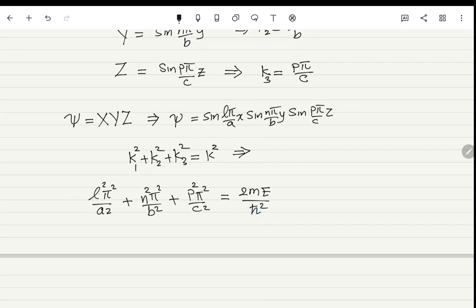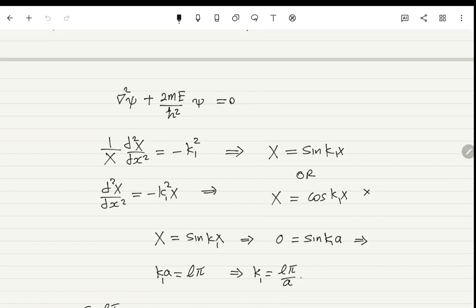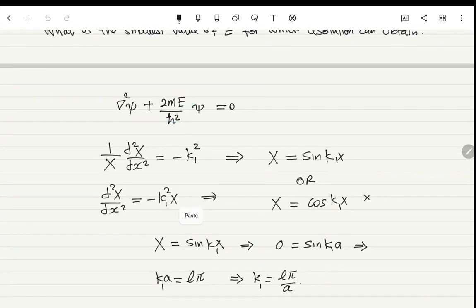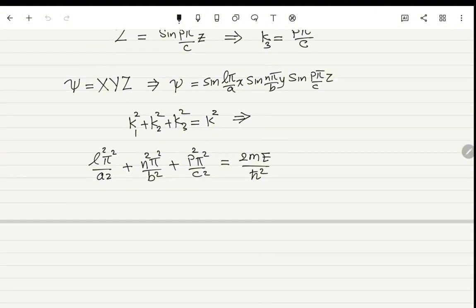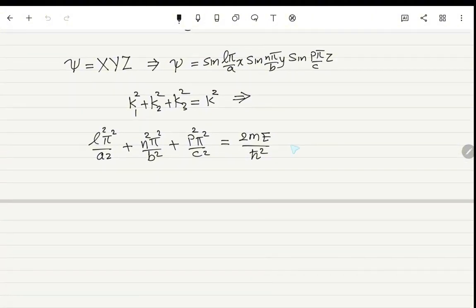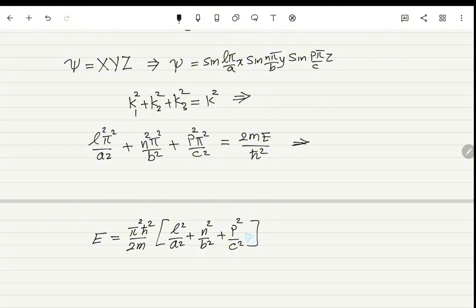Remember, this part here is this one right here. And from this one here, we can state that E equal to pi square h bar square over 2m times L square over a square plus n square over b square plus p square over c square.